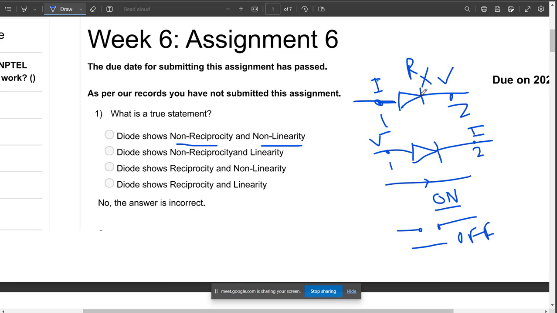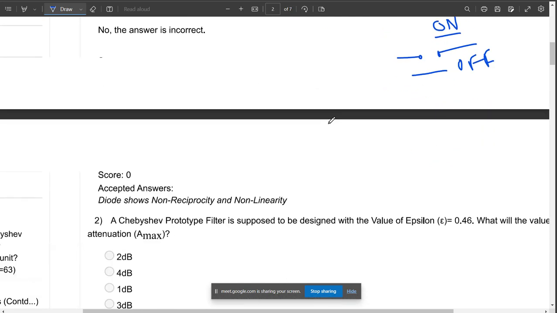So it does not show reciprocity, and it is thus non-reciprocal in nature. Which one is the correct statement? The first statement, where it says diode shows non-reciprocity and non-linearity. This is the correct answer.